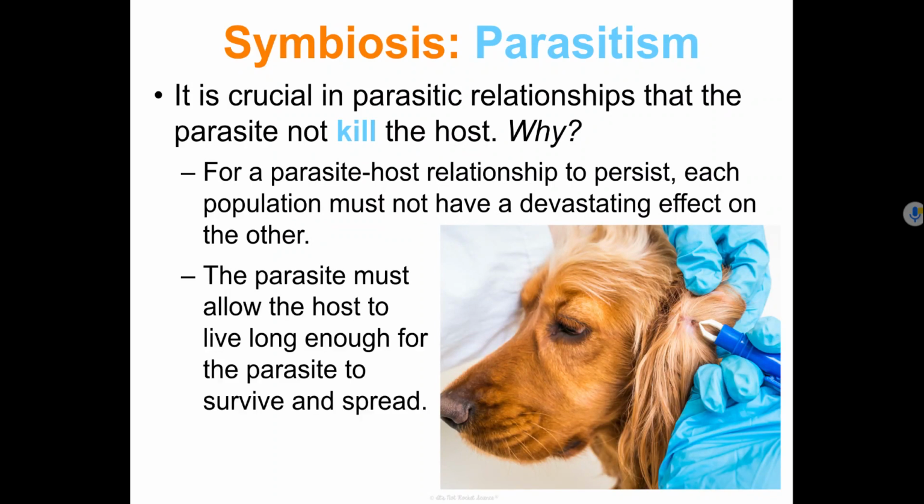And the parasite must allow the host to live long enough for the parasite to survive and reproduce and so spread. Another example of parasitism is a tick on a dog. The tick benefits, but in the process, the dog can be harmed.